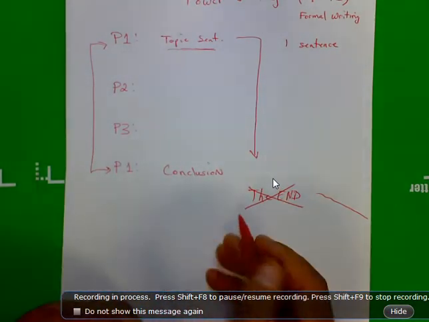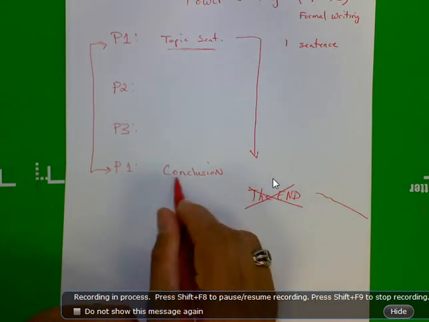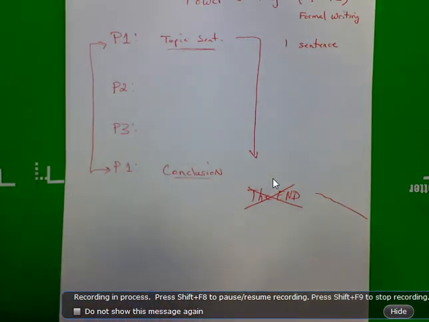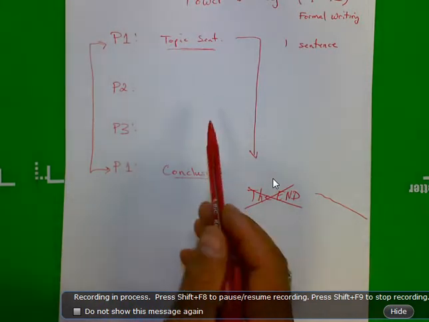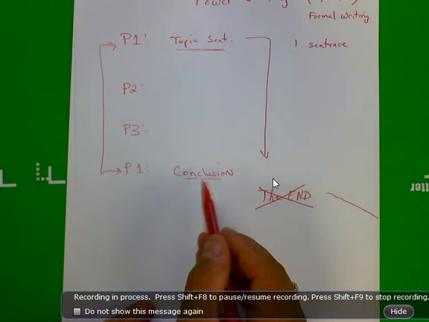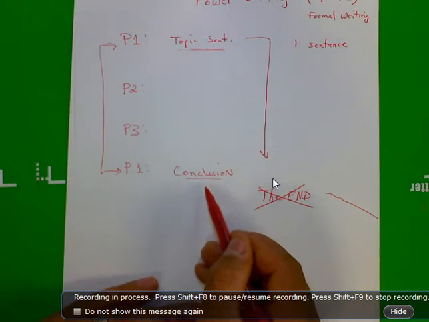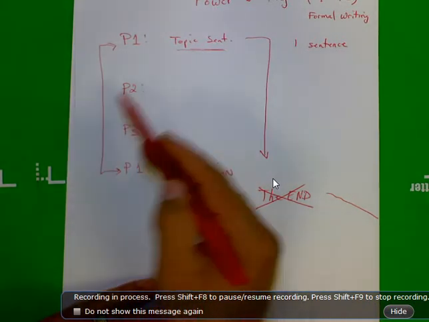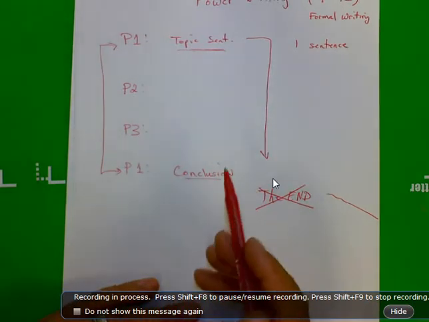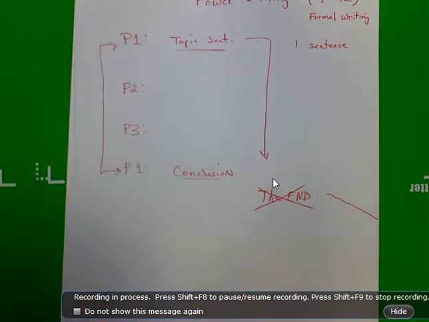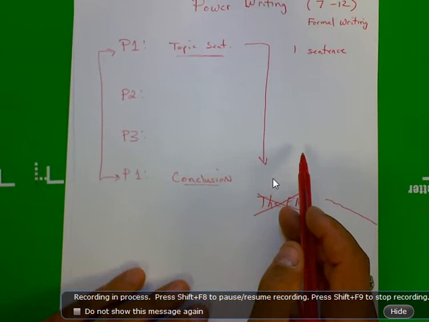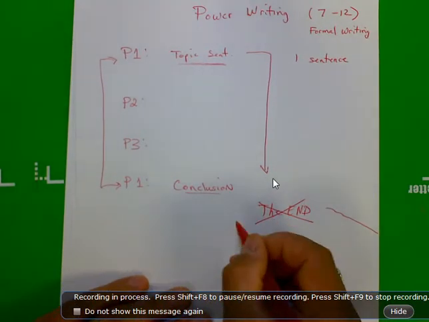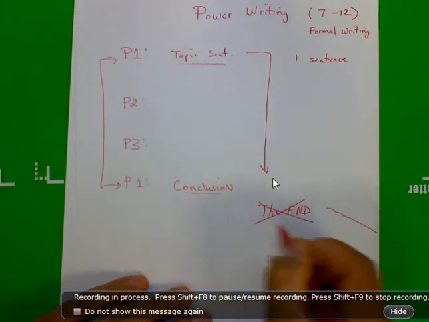Now you might remember maybe from elementary teachers telling you, okay, your conclusion is a summary of what you said in the paper or in your paragraph. Well, I don't really like that definition because if you're doing a complete summary, you're just rephrasing everything that you already said. And in some ways that's a little bit insulting to your reader. Why say it all over again? The other thing is, that doesn't necessarily bring your paper or your paragraph to an end all the time.